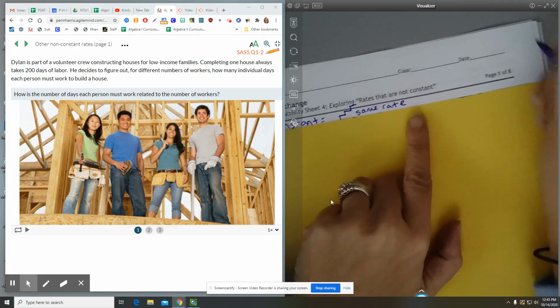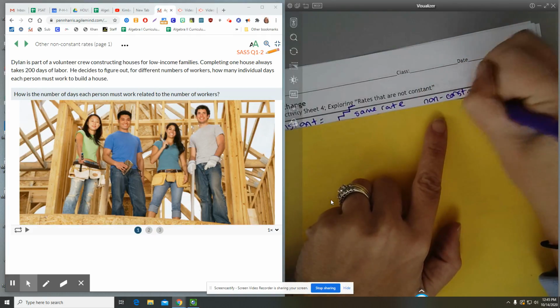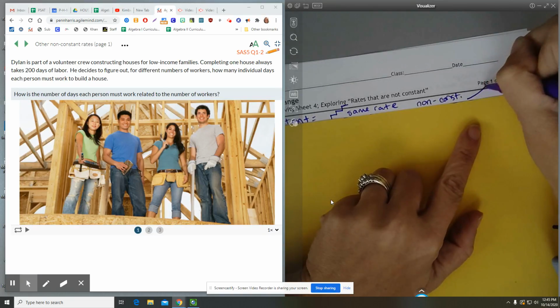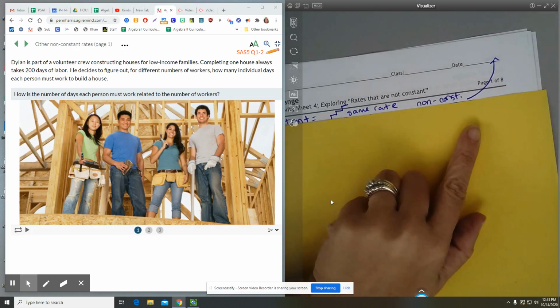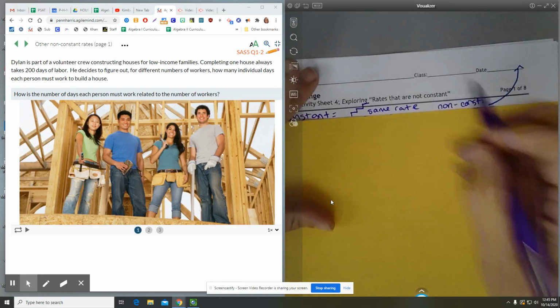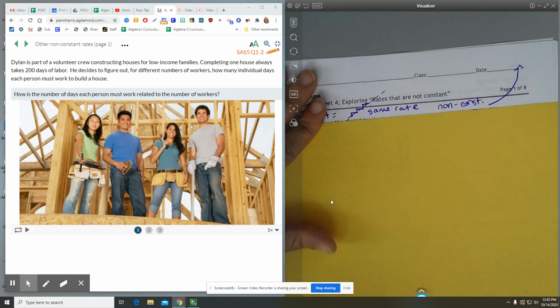When we talk about non-constant, while one goes up, the other may go up, but it may look slightly different. It may have more of a curve to it as opposed to a straight line. Okay. All right. So let's go ahead and talk about this.